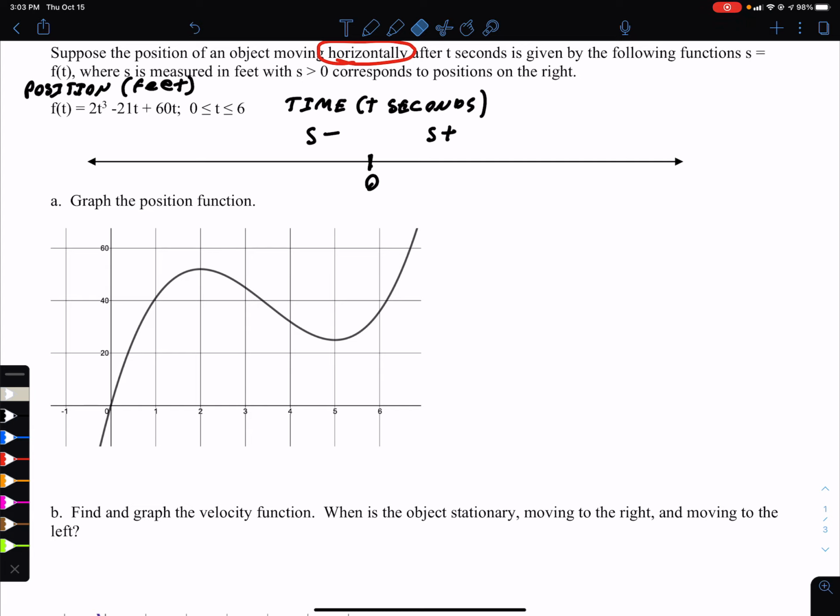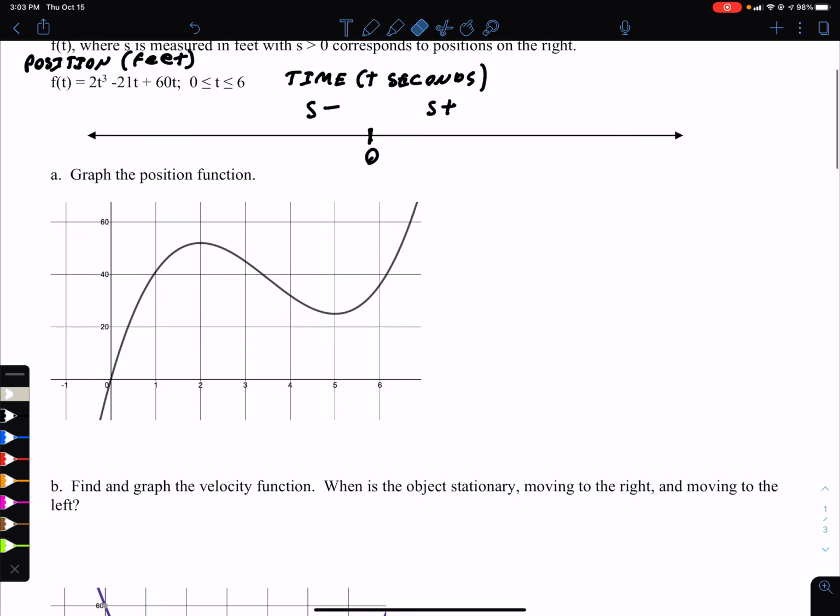So that's part A, graph the position function. Part B, find and graph the velocity function. This is an important step. You have to understand velocity. The velocity is how fast your position changes. That should make sense. If something moves a large distance over a short amount of time, you would say, man, the velocity is high.